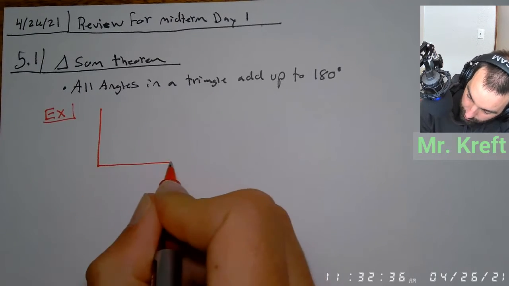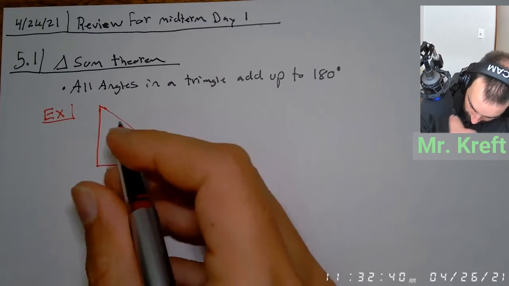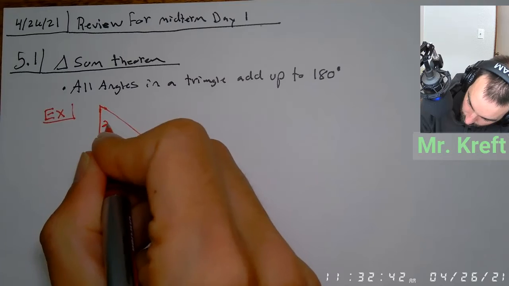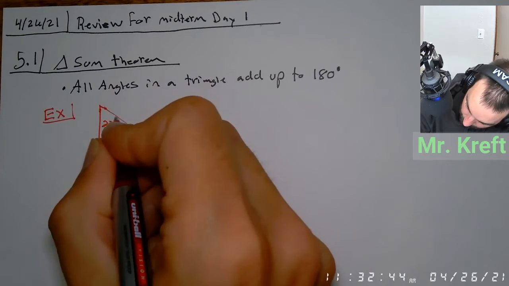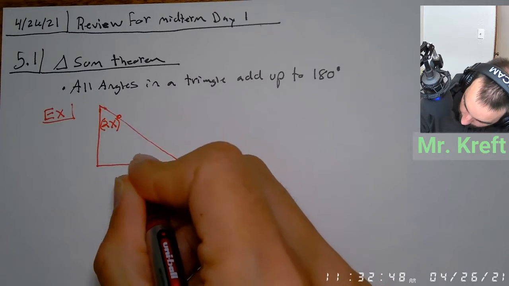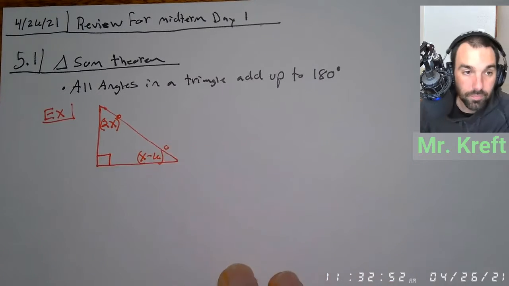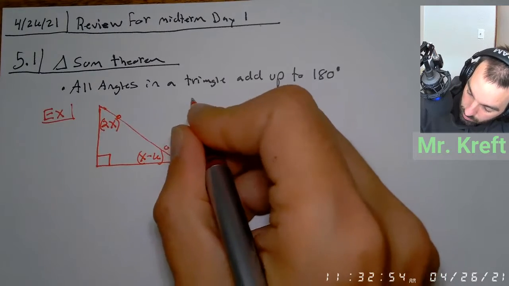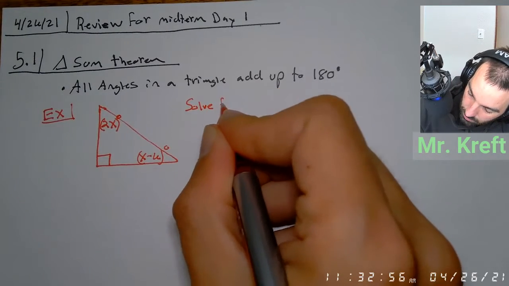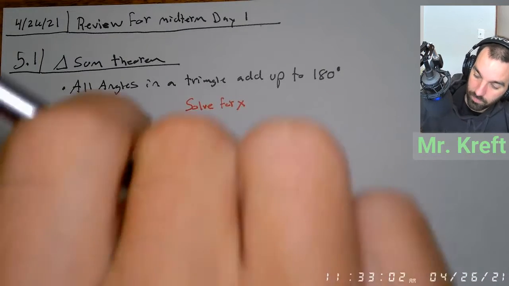So for example, if we have something like this, then we're going to have 2x degrees, and x minus 6, and a right angle. So we're going to be able to solve for x here because the angles add up to 180.